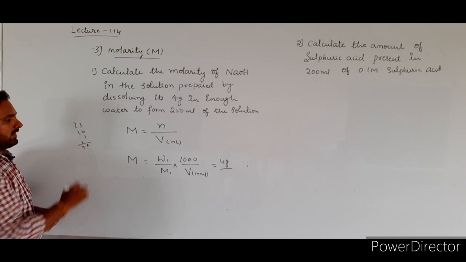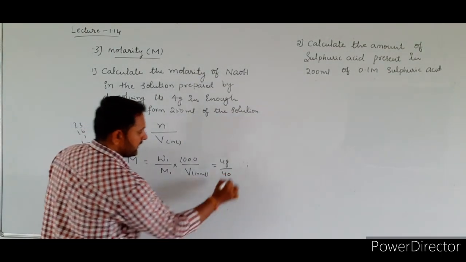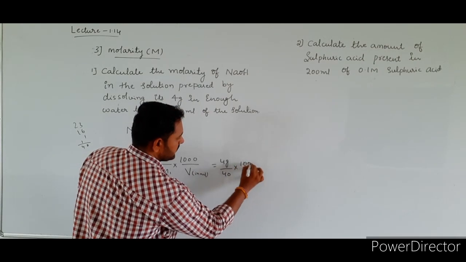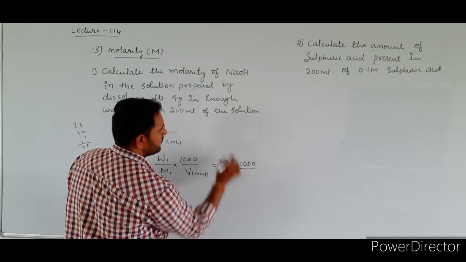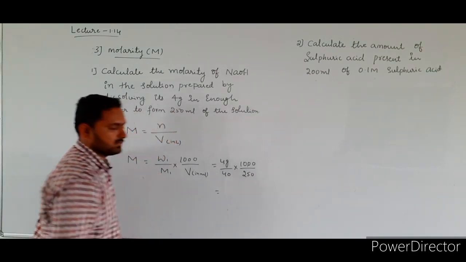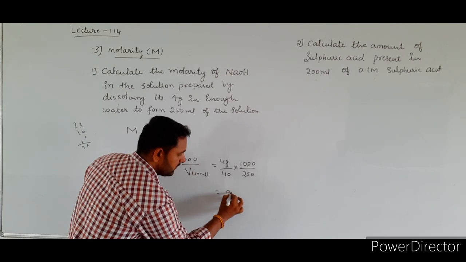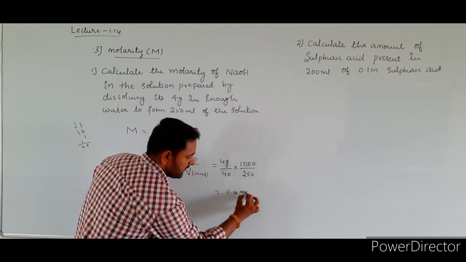You will get 40. The molar mass of sodium hydroxide is 40, into 1000 divided by volume in ml, 250 ml. Now calculate this one. For calculation, you will get 0.4 mole per liter.